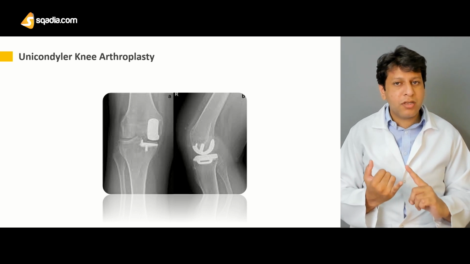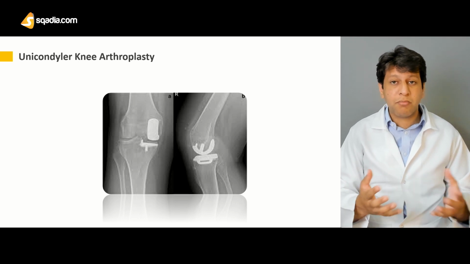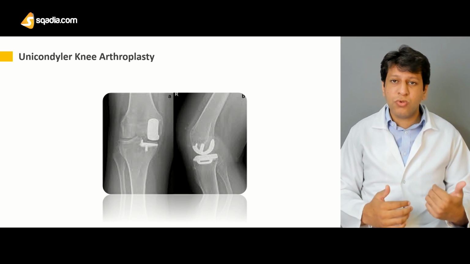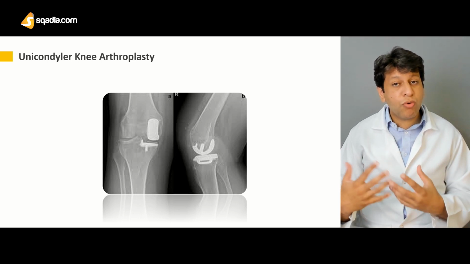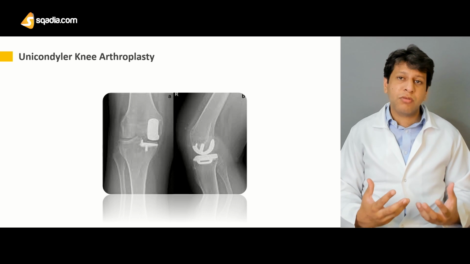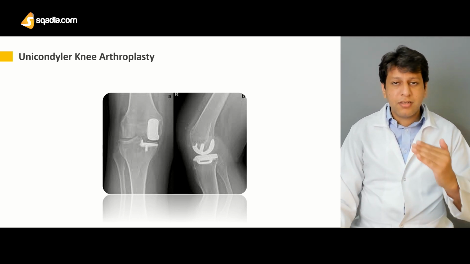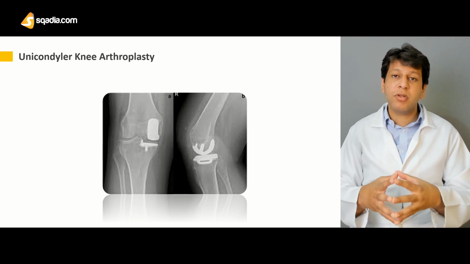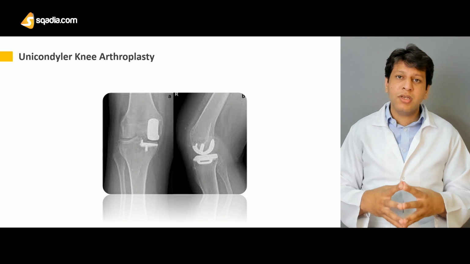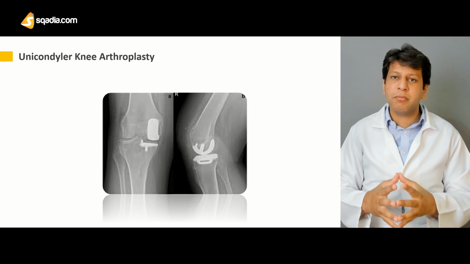For example, if there is patellofemoral as well as other compartment arthritis, then unicondylar knee arthroplasty is ineffective. If the patient is obese or overweight, unicondylar arthroplasty is ineffective because it will fail under the load as well. In a limited set of the population, unicondylar arthroplasty can be a very good option, especially if they have isolated arthritis of a single compartment.